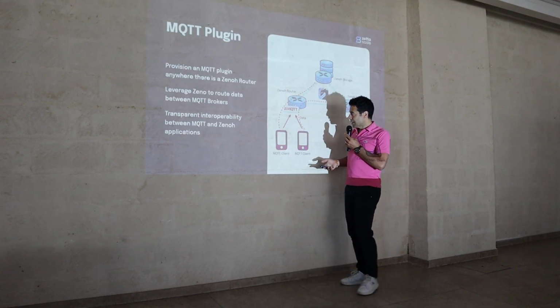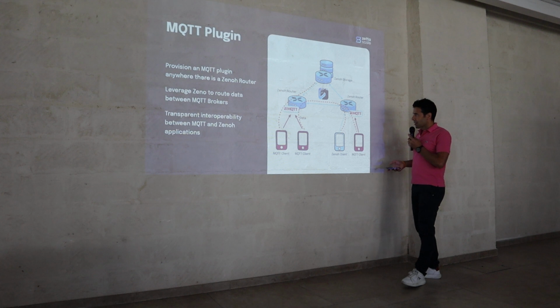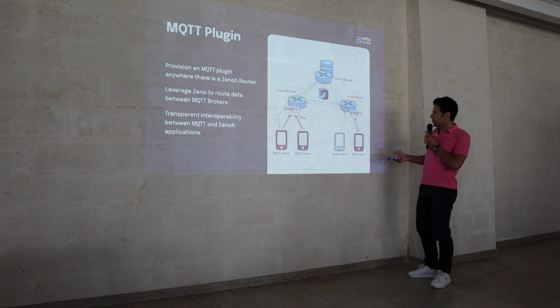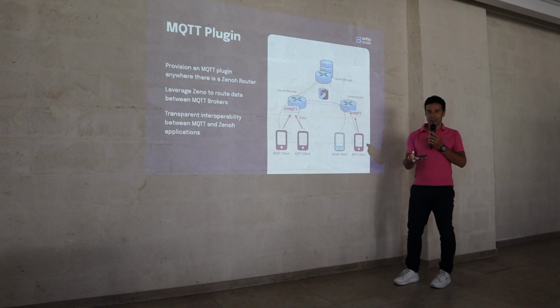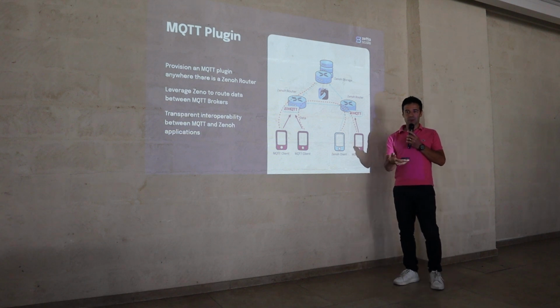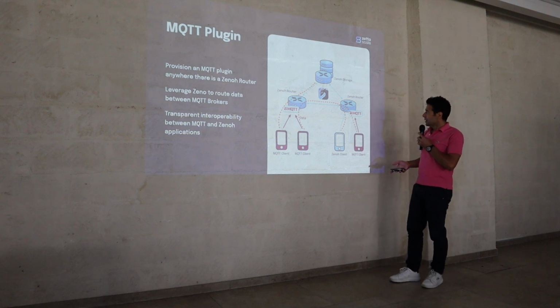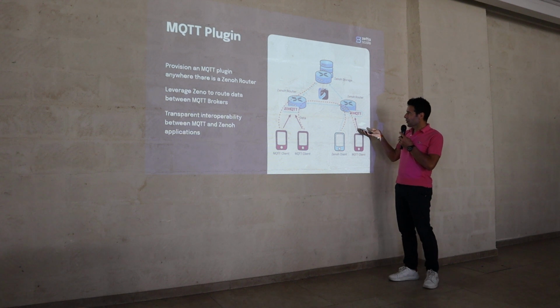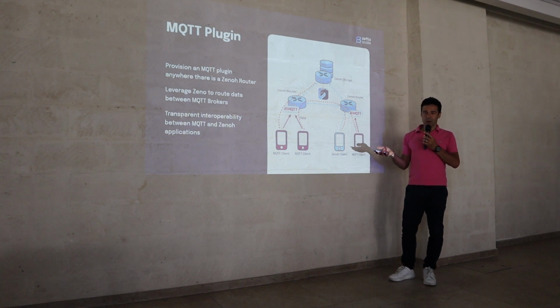With a Zenoh plugin for MQTT, the good news is that now you can actually deploy your broker wherever there is a Zenoh router. And as we saw yesterday, you could actually provision that through our Zeta platform, right? That means all of a sudden that you can bring the plugin, you can bring the broker as close to the application as you want, and then let Zenoh route data between them, which is great.